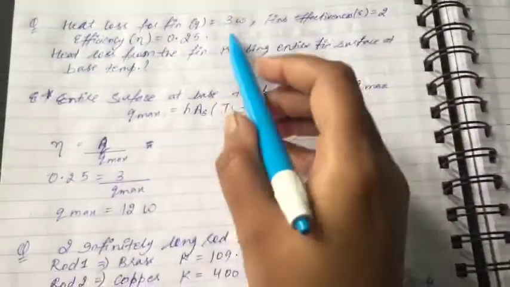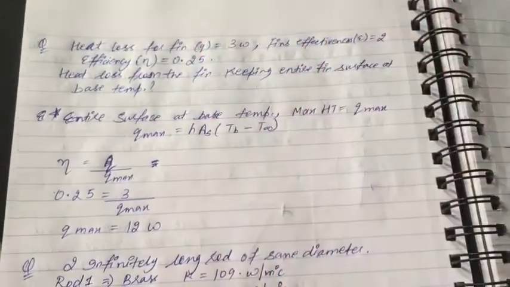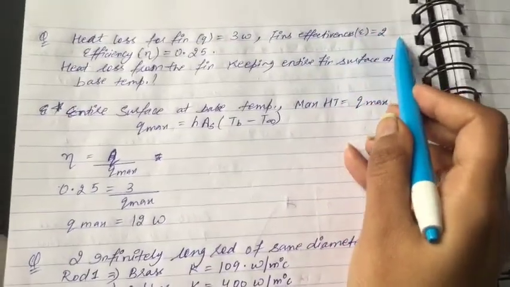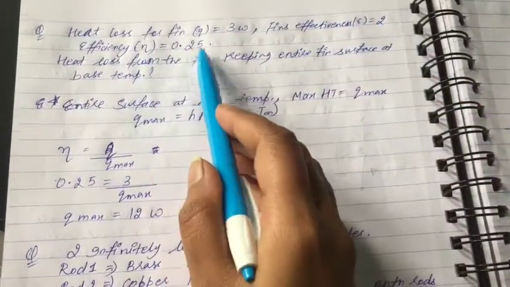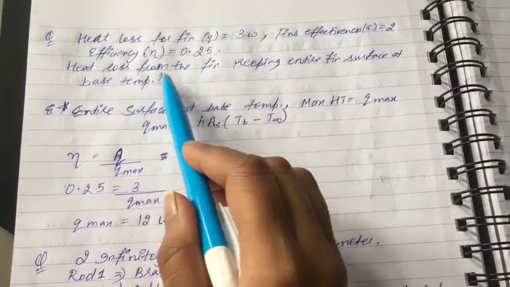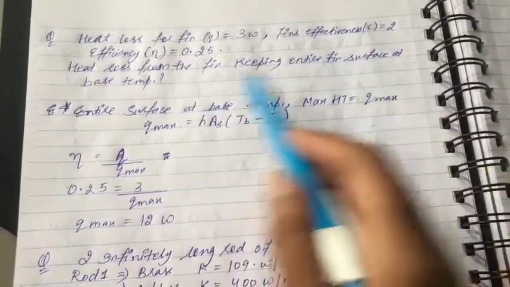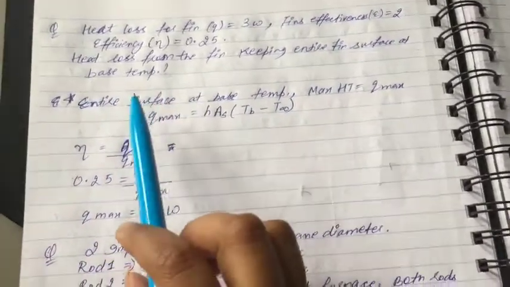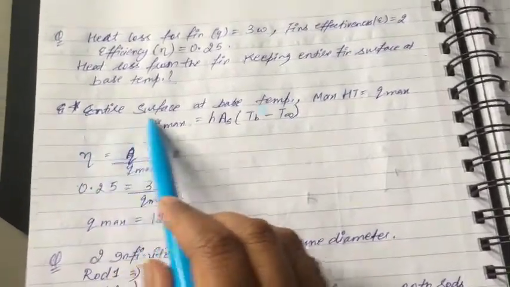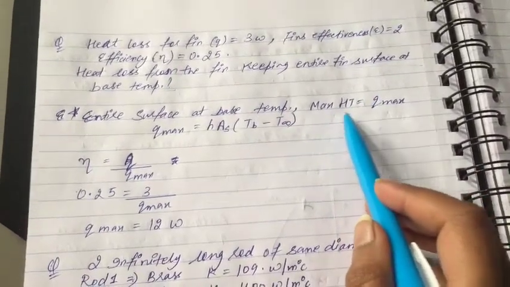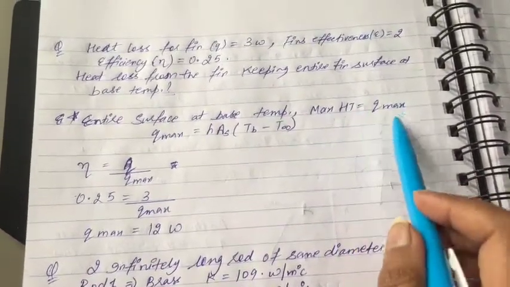Next question is, heat loss for a fin. Q is 3 watt, fin effectiveness is given as 2, and efficiency is given as 0.25. We have to find the heat loss from the fin keeping the entire fin surface at base temperature. If the entire surface is at base temperature, then the maximum heat transfer would be Q max.